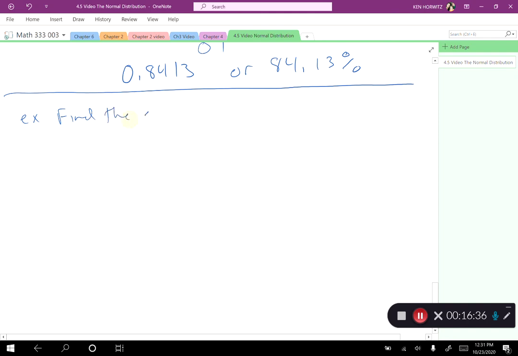All right, so our first example is find the area to the left of z equals 1.26. Very, very straightforward. A very good problem to start out with.